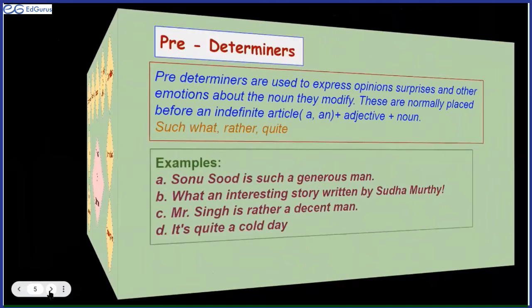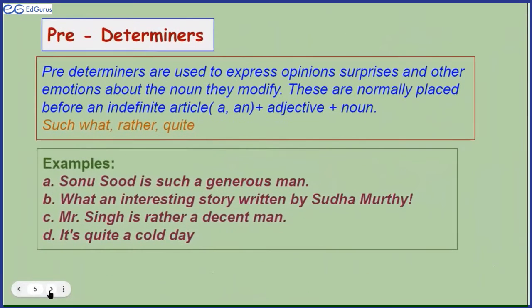Yes, first of all, predeterminers. Predeterminers are those very words which are used before a determiner. Right? Now, look at this, for example. What is the purpose of these predeterminers?